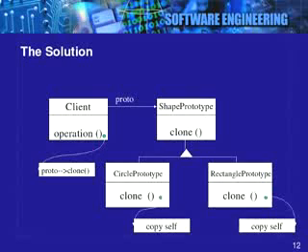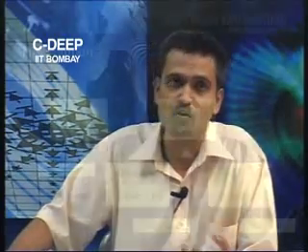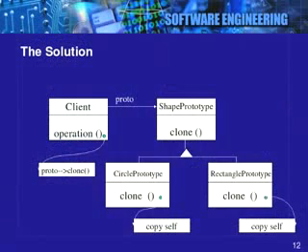So what happens here is that when you click on the mouse, the object handle is returned to you, and on that object handle you simply invoke this clone operation, and the clone operation gives you in return a clone of the object that you have selected.